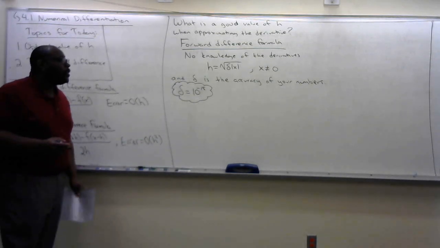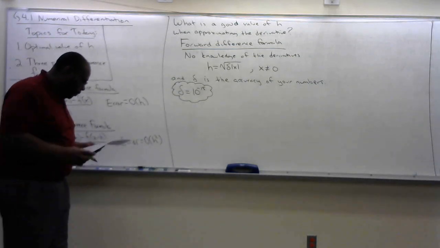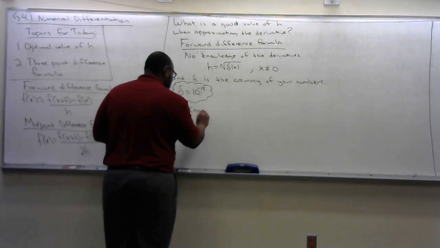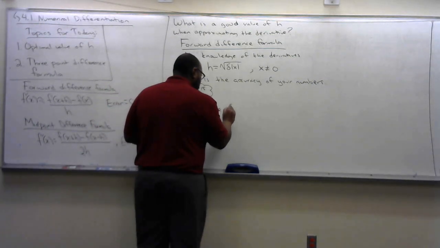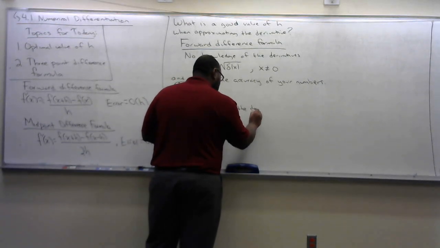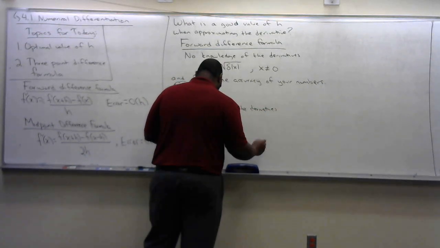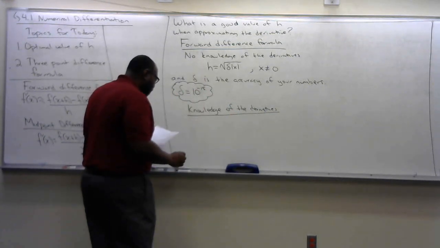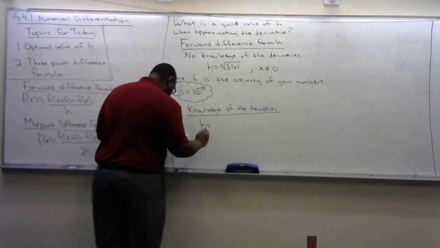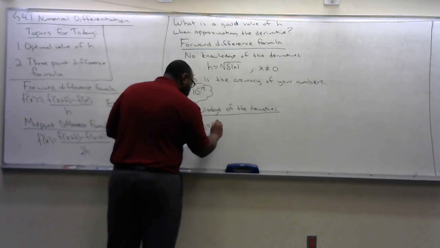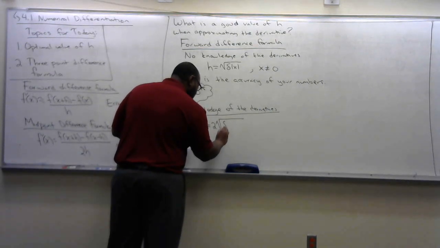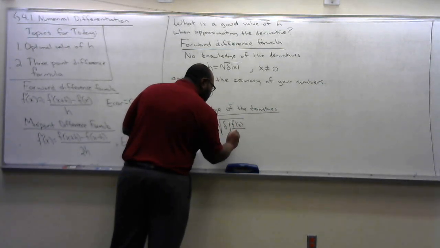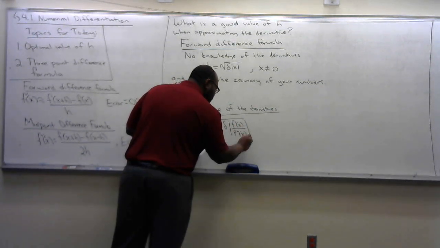However, if you do have knowledge of the derivatives, then you can use this formula instead. h is equal to 2 times the square root of delta times the absolute value of f of x over f double prime of x.